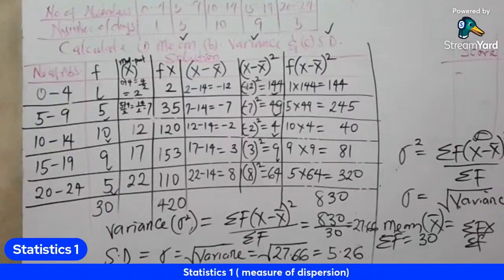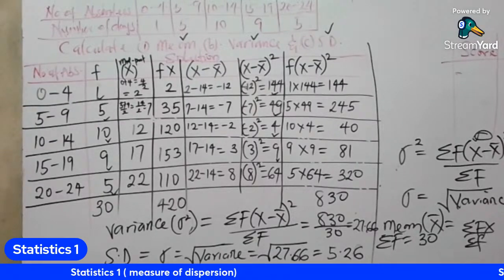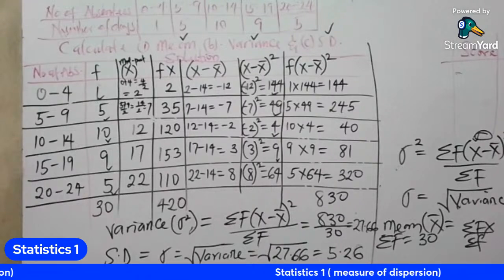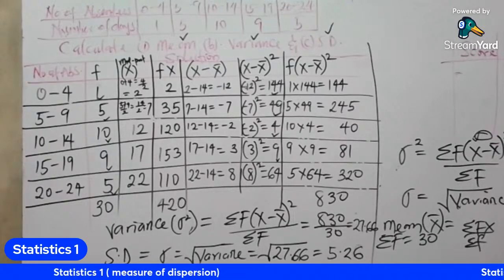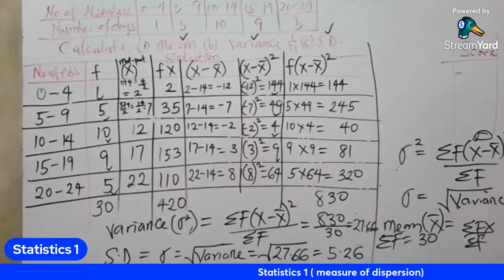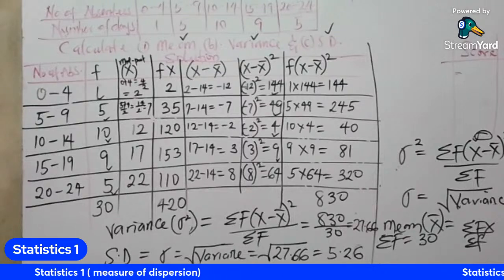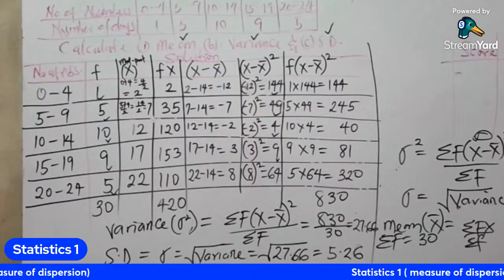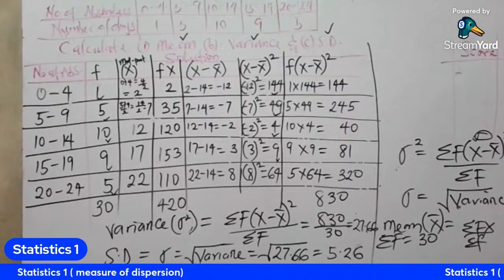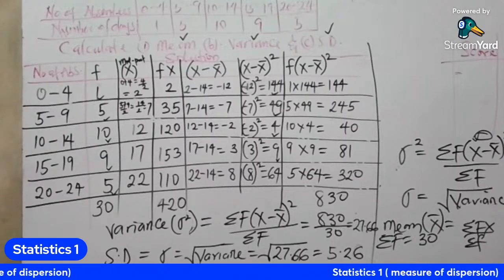Like I said, under this video you will see pictures of exercises you can do to get these values. What are the advantages of using a measure of dispersion? Why are we doing this kind of thing?